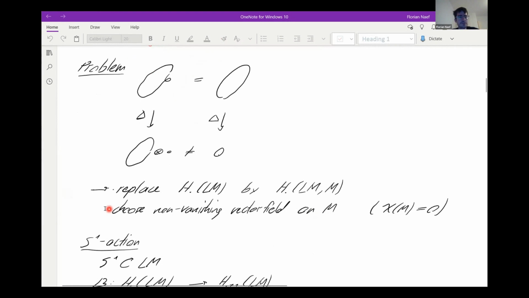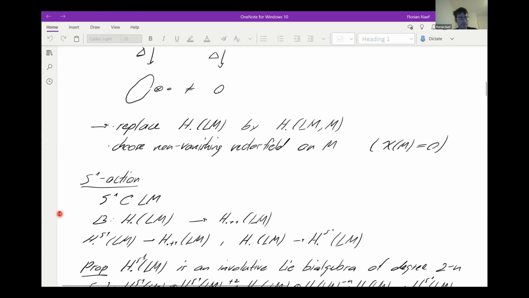Or there's also a different solution: if you choose a non-vanishing vector field on M, then you can also make this ambiguity go away. In that case, we need that the Euler characteristic is 0. And going on, everything that I will say works for both those cases.